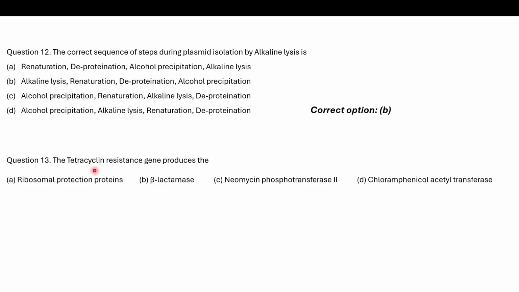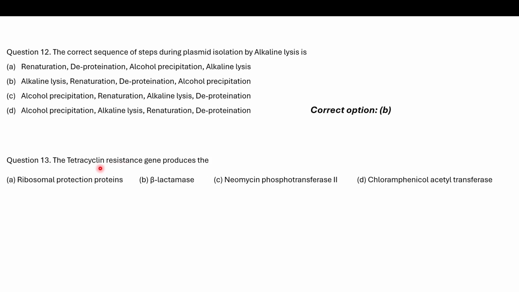For this, you should know what each type of antibiotic does. In the case of tetracycline, it hampers the translation activity of the cells. It binds at the ribosomal A, P, E sites. There are three sites during protein synthesis, so it binds at one of them and hampers protein synthesis.